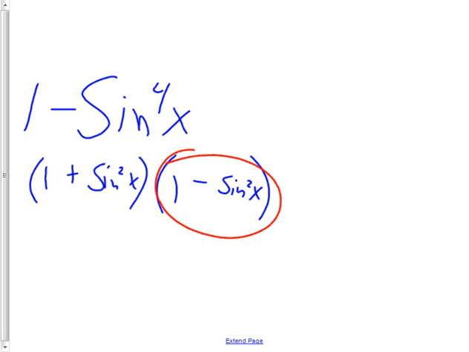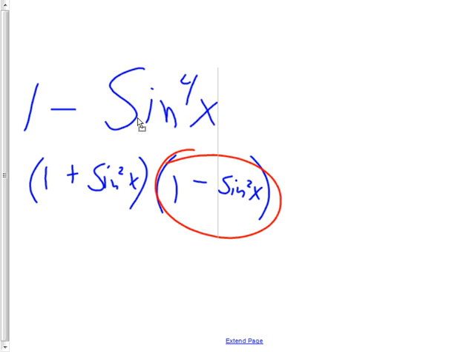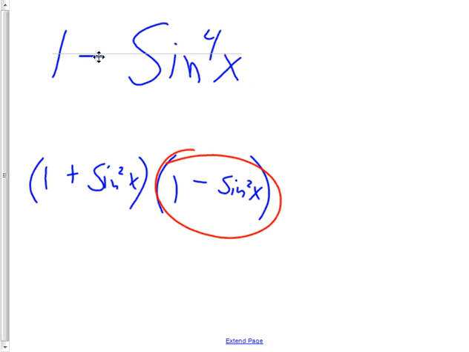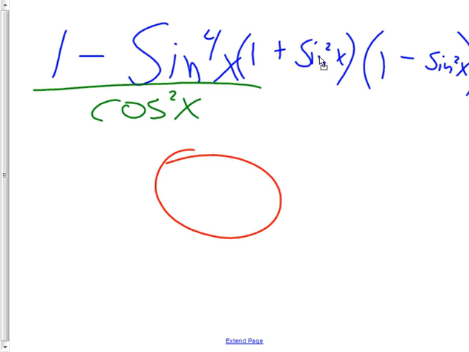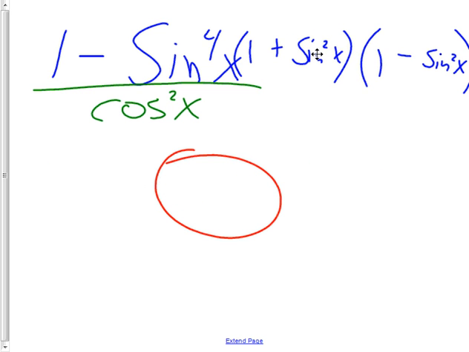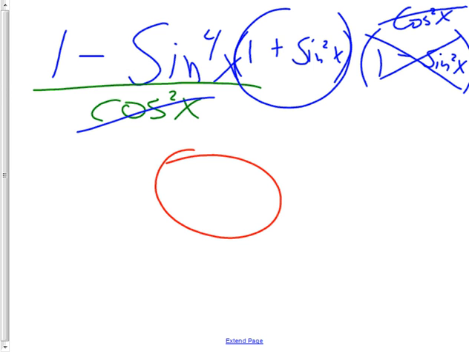So if this problem had originally been this over cosine squared, you see how that could be handy? I replace with this, and then I turn this into cosine, and then this cancels this, and I'm down to just this.